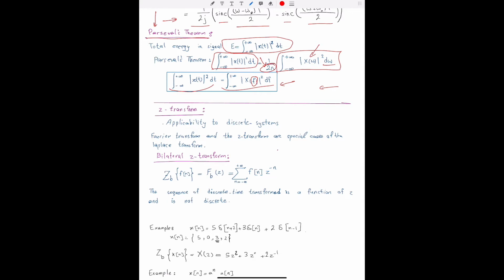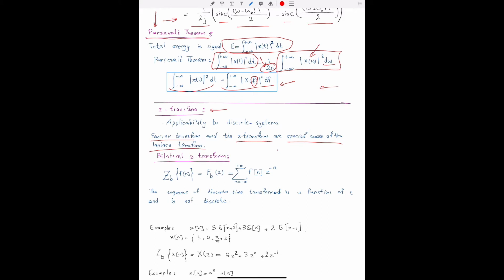In the Fourier series and in the Fourier transform, what we were dealing with was continuous time, and its capabilities are for continuous time signals. Now, the Z transform is another tool that we're going to introduce that is applicable to discrete systems. Okay, so the Fourier transform and the Z transform are kind of special cases of the Laplace transform.